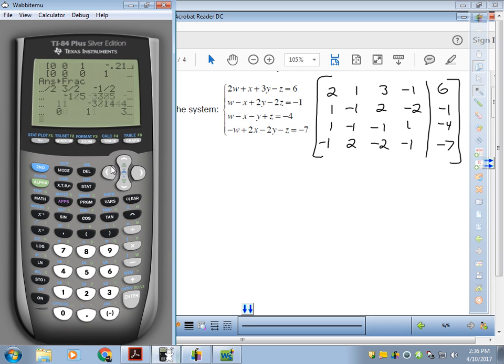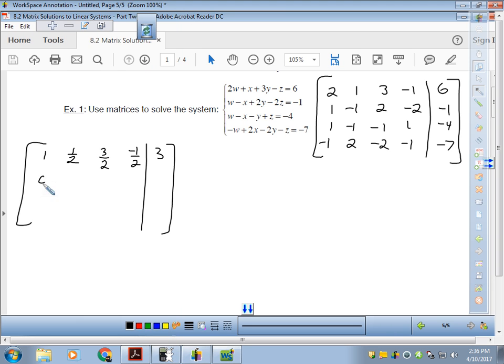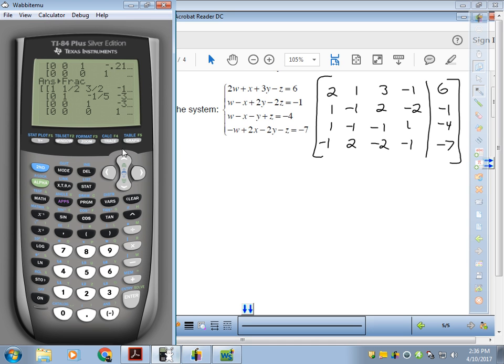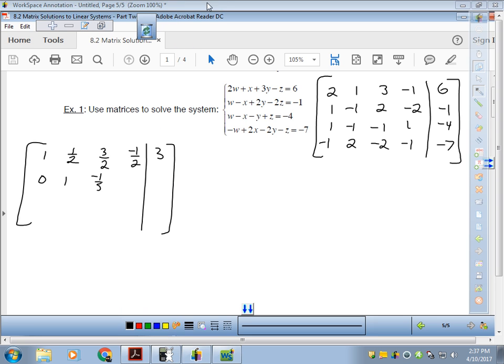On the second row, 0, 1, negative 1/5, negative 3/5 and negative 8/5.